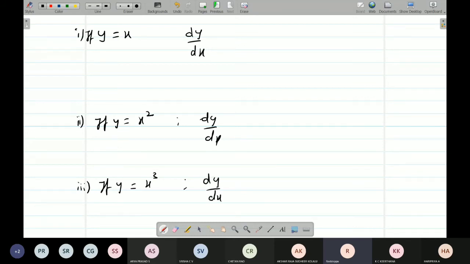Second example, if y is equal to x square, what is dy by dx? And third example, if y is equal to x cube, what is dy by dx?